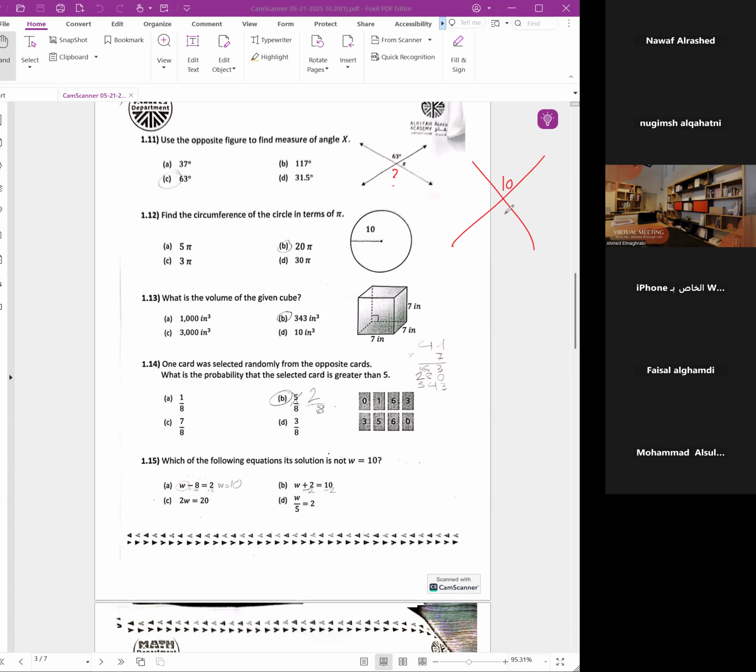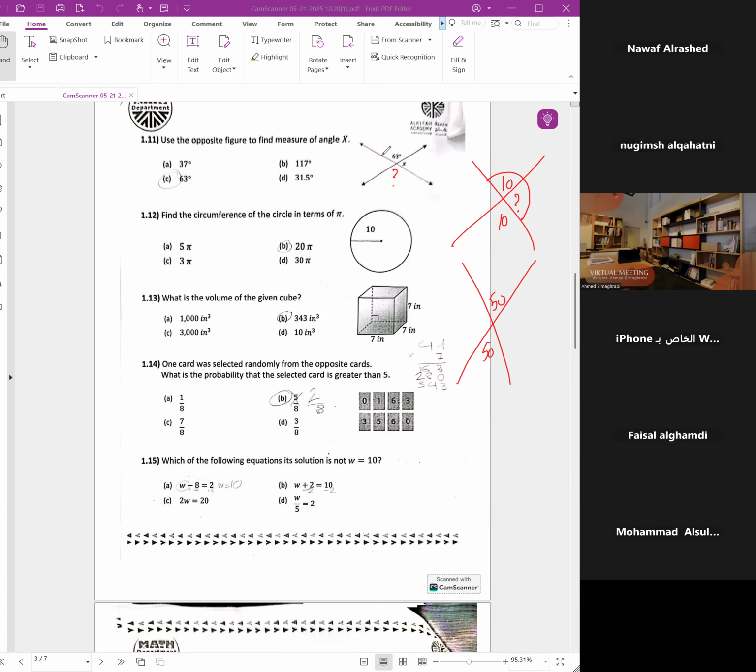But now I'm asking about this angle. If you draw this line, you can see a sum of 180, supplementary angles. So x plus 63 equals 180, right?